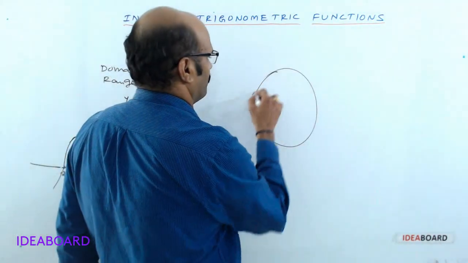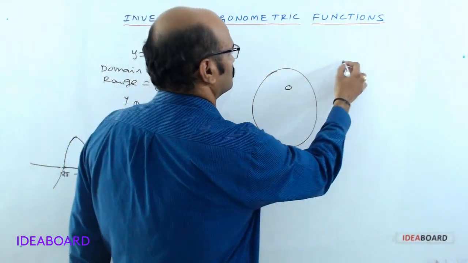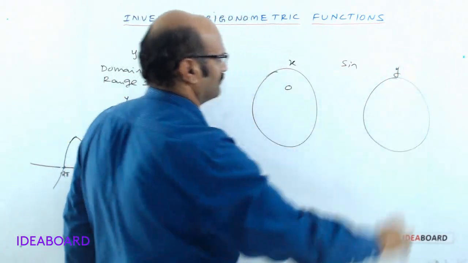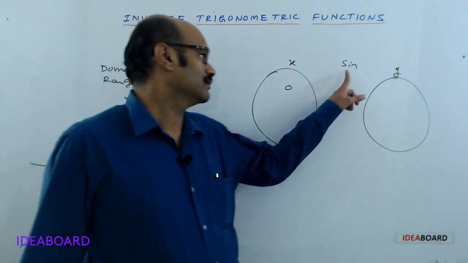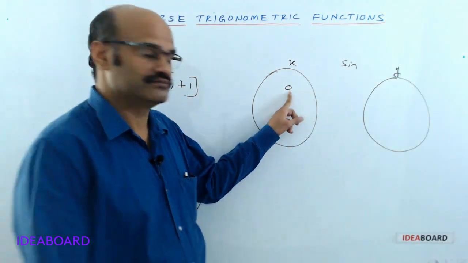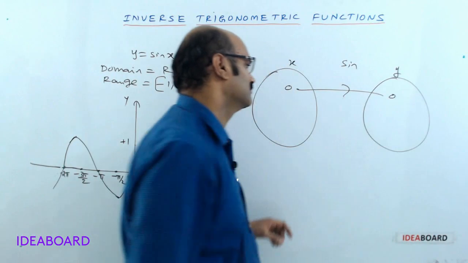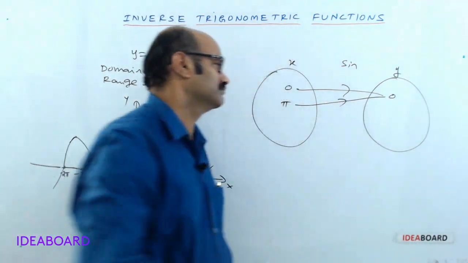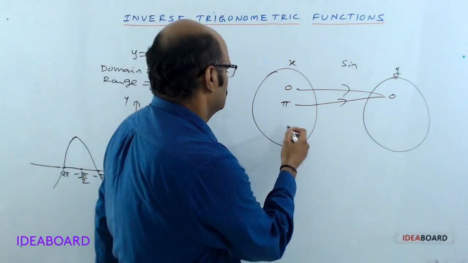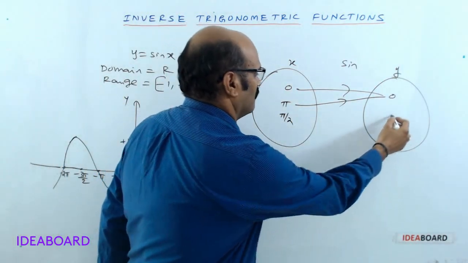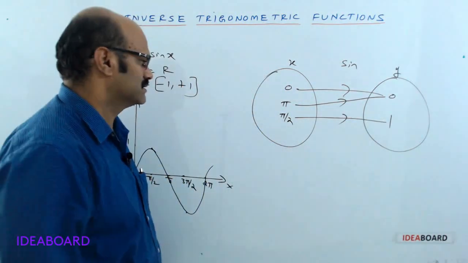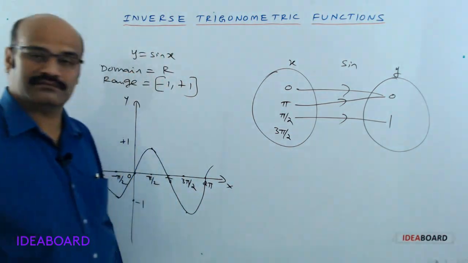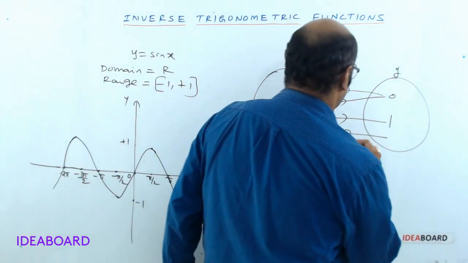Take x, y: sin 0 is 0, sin 180 is 0, sin 90 is 1, sin 3 pi by 2, that is sin 270, equal to -1.